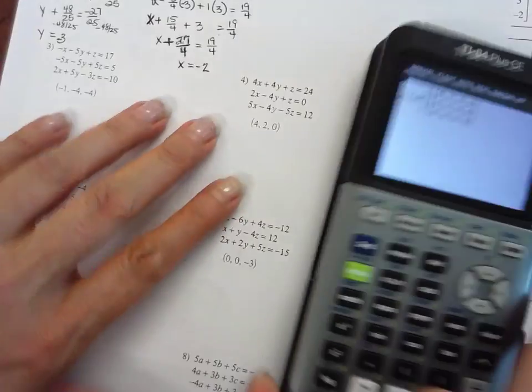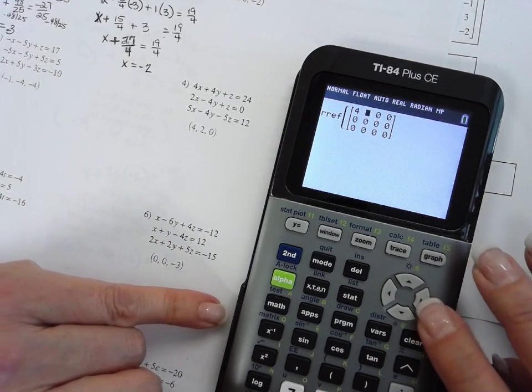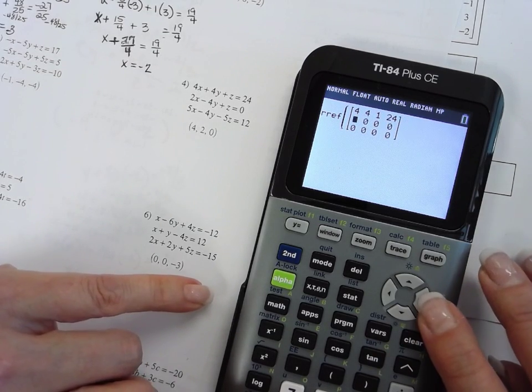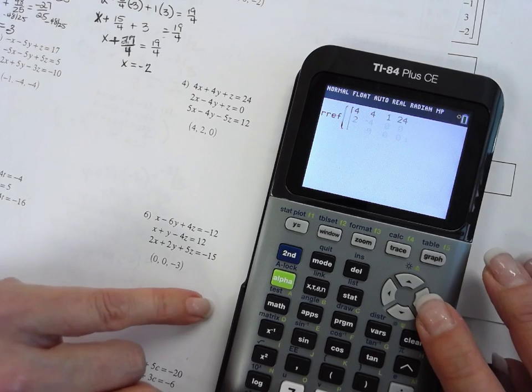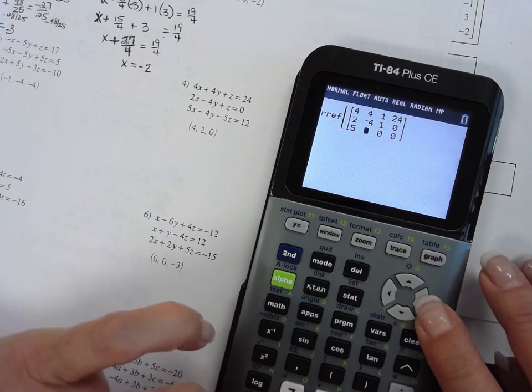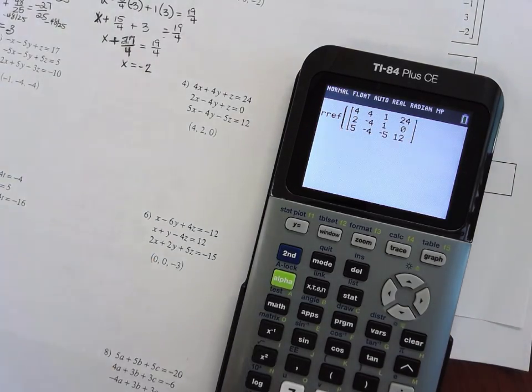Let's do number 4 from before. So we had 4, 4, 1, 24, 2, -4, 0, 5, -4, 5, and 12. All right, and there's my answer.